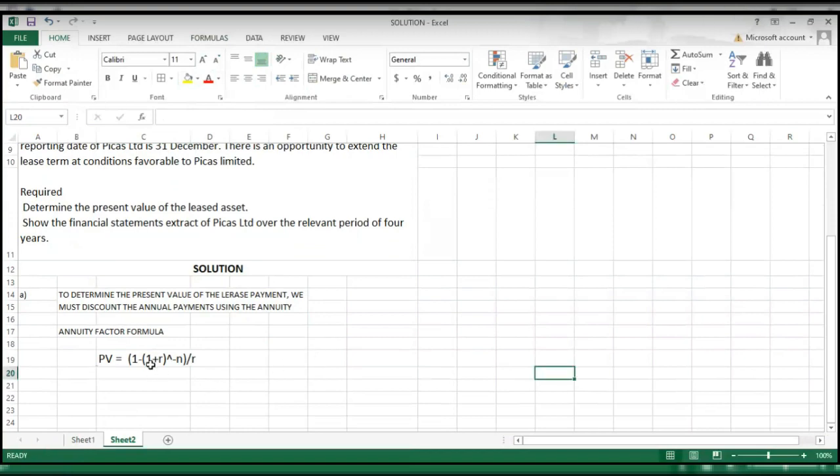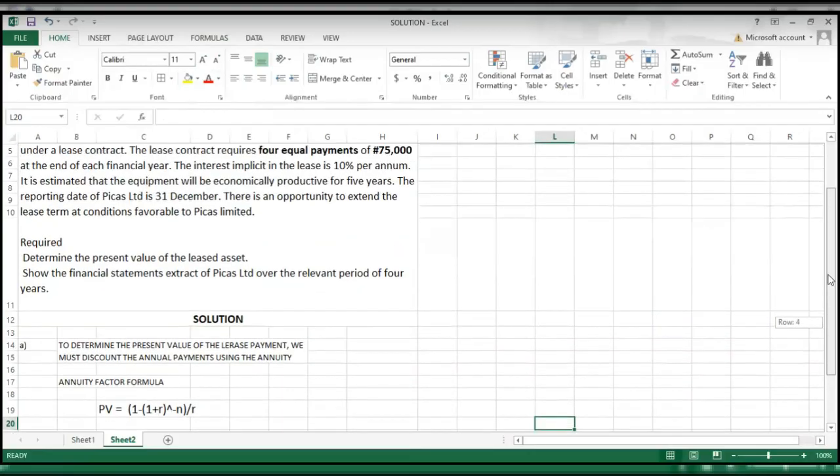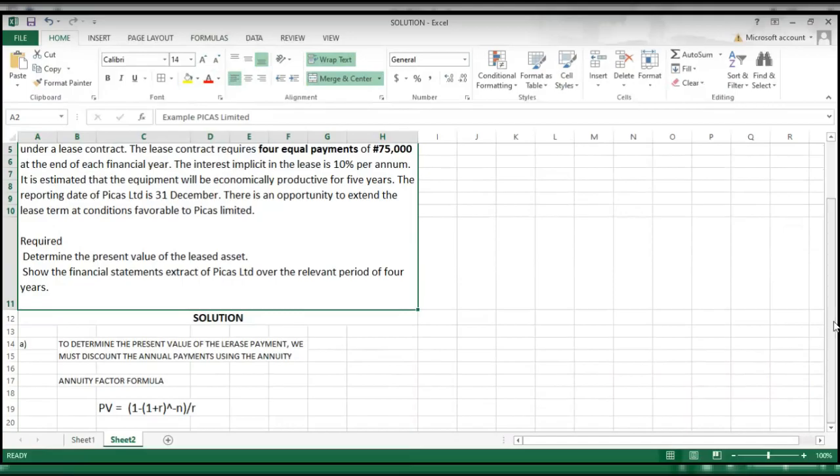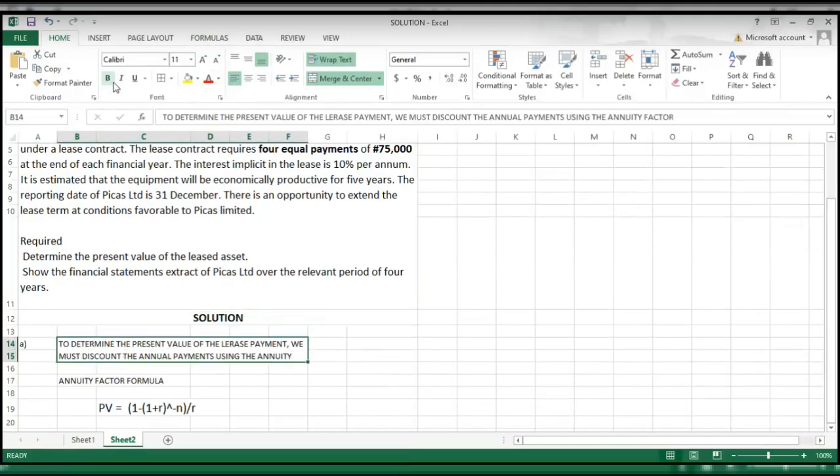So what we are going to be doing is to multiply the 75,000 naira annual payment by the annuity factor, and that is what we are required to do by saying we should determine the present value of the lease payment.